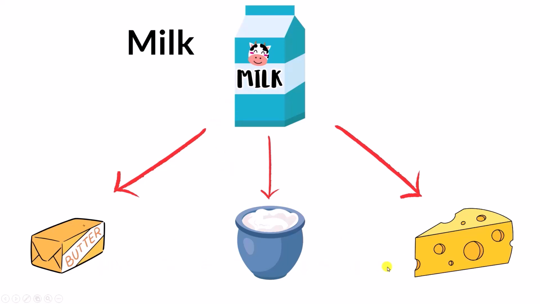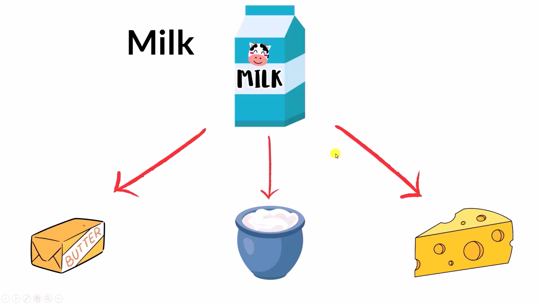Or we can say these are derived from milk. Butter, yogurt, cheese are derived from milk. So, whenever the price of milk increases, the price of all the derivatives also increases.